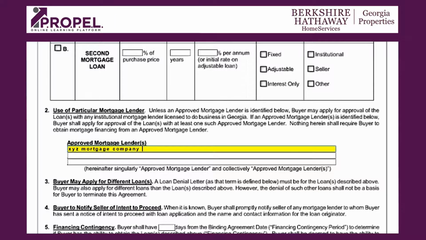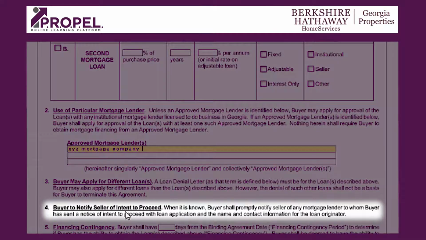And again, just like the conventional, you have the buyer to notify seller of intent to proceed. In this situation, we've got to make sure we send an addendum to the contract or an amendment to the contract stating that the buyer is using either XYZ Mortgage Company or another mortgage company.